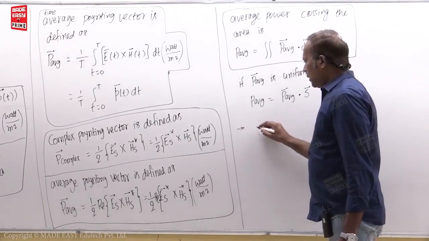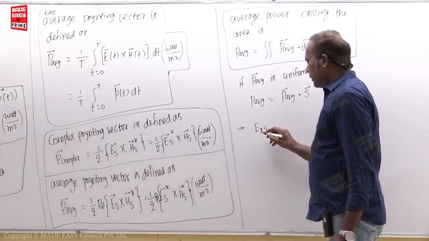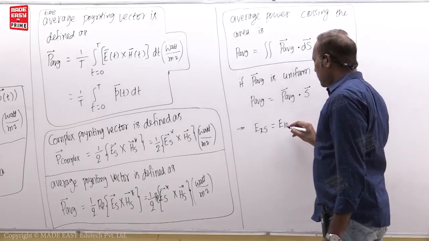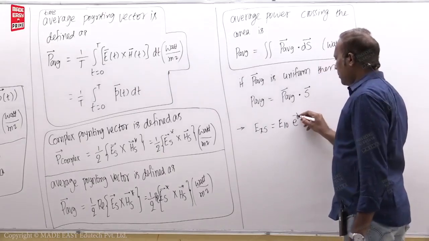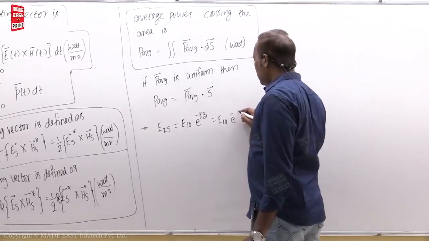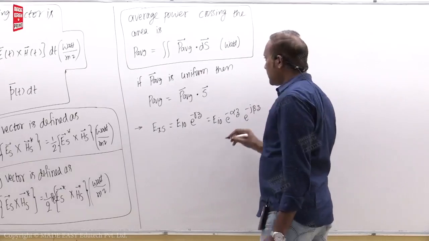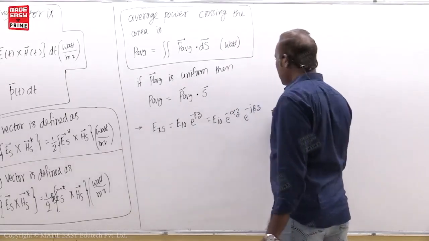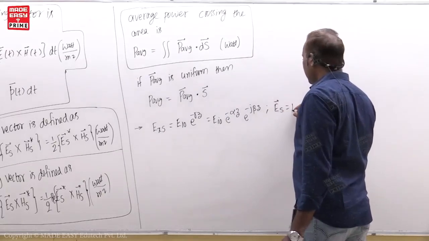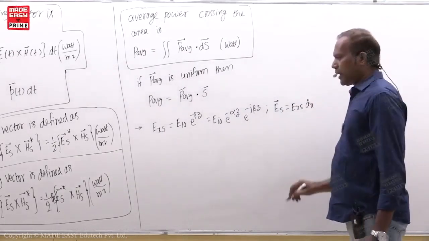Here we know that the electric field x component in the phasor domain is equal to E_I0 into e power minus gamma z, that is nothing but E_I0 into e power minus alpha z e power minus j beta z. Also, the electric field phasor, if only the x component is there, we write E_XS a_x cap.